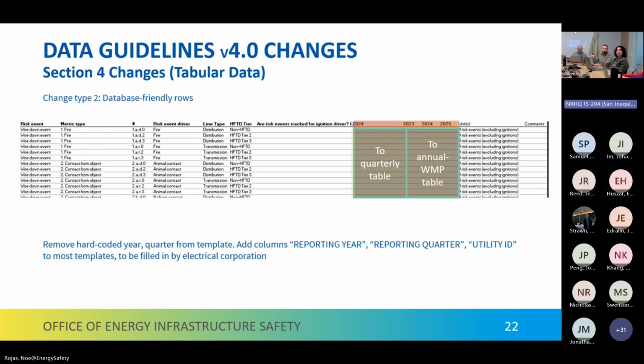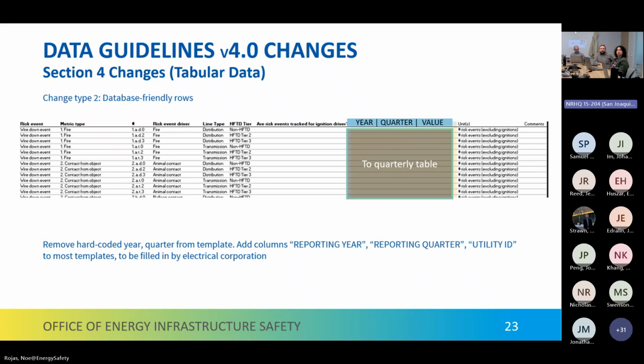So now we just add columns: reporting year, reporting quarter, utility ID, who is submitting this and when. That's part of the data set, so that we load this directly into our database, and now we know where it comes from. Those are all going to be constant for every row, so it's not a lot of data you have to collect. You just add your utility ID, your year, your quarter, that kind of thing. All right, next slide, please.